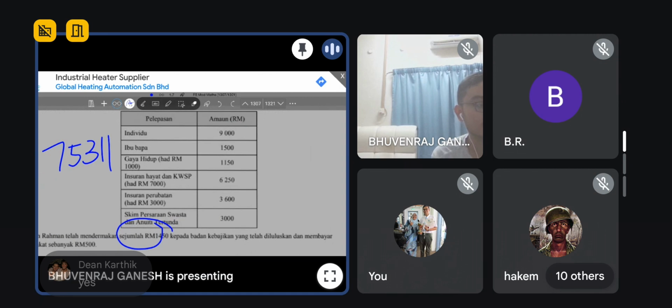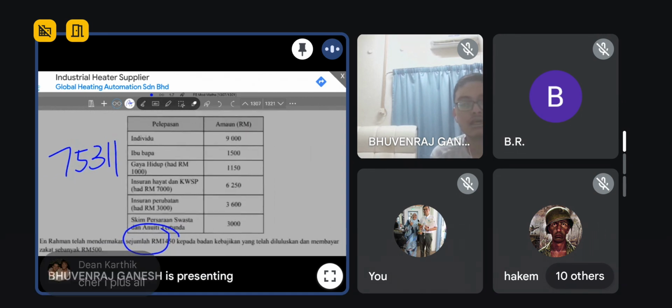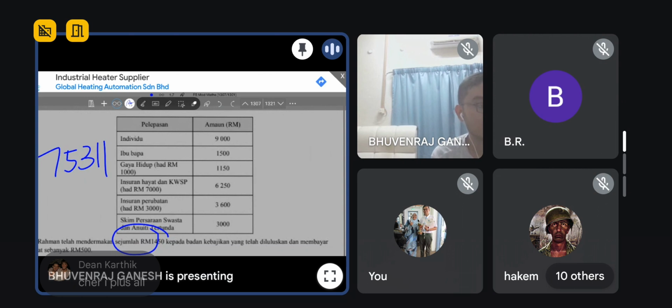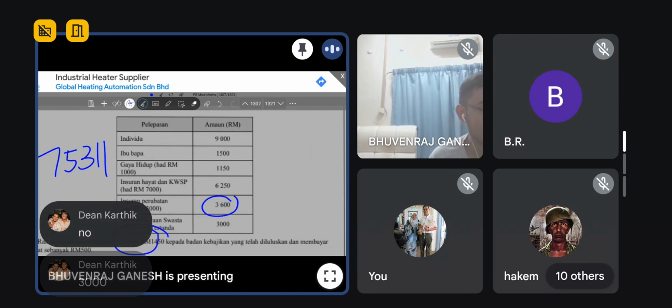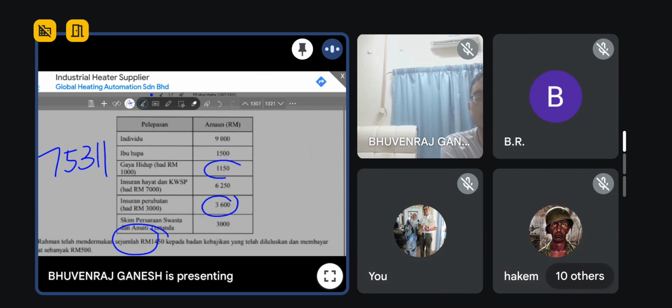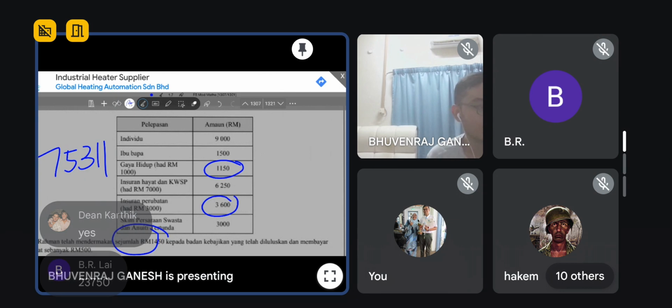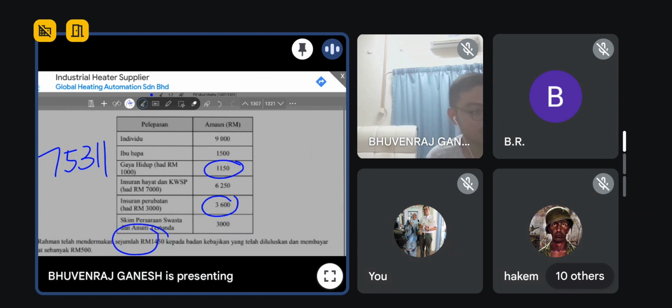At the beginning, you no need to minus zakat, because you plus all. Okay, let me check and see. Did you plus this value? 3600? Oh, okay. 9,000 plus 1,5. This one? Did you see the limit? Okay, let me see. Plus 3,000 plus 3,000. Okay, correct. Bowen, yeah, you get it. Karthik also correct. Both of you correct.